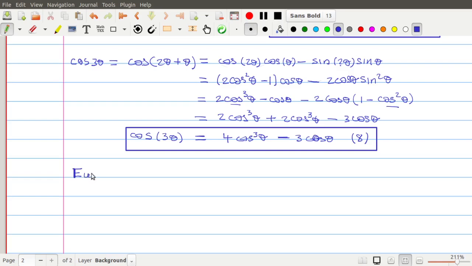Euler's formula, which is also the formula or identity, which is obviously a polar form of complex number, so I would assume that we know what a complex number is.